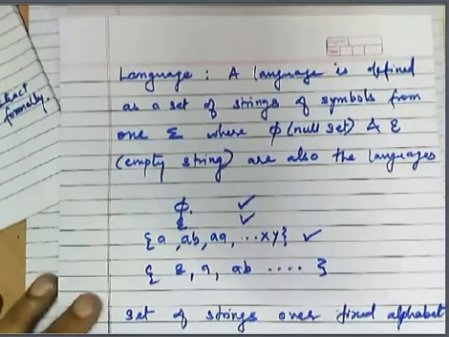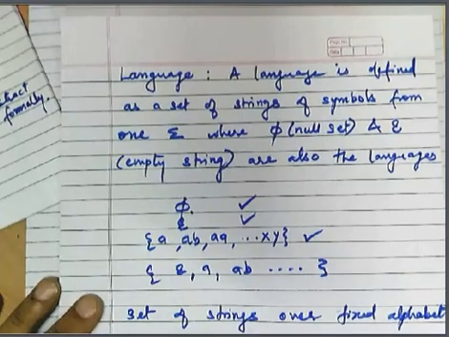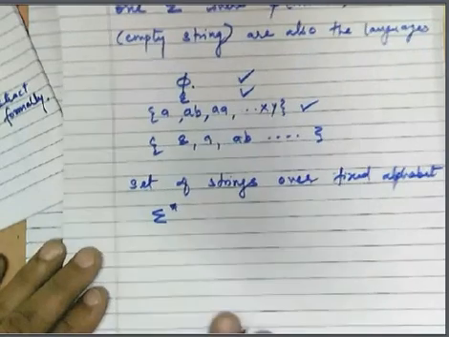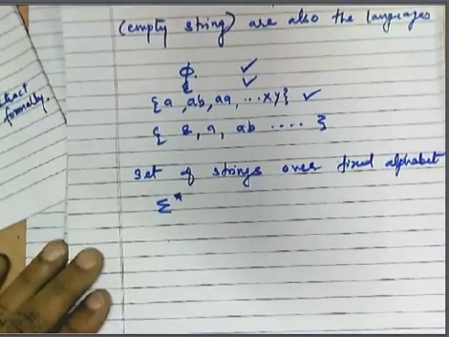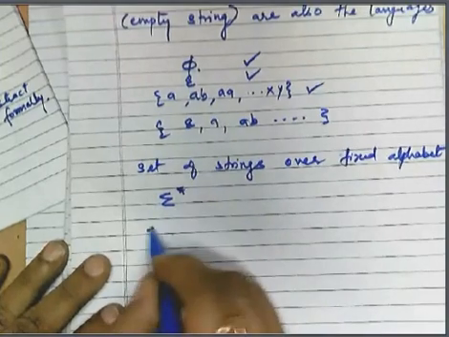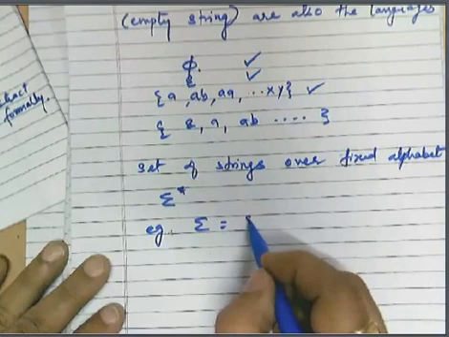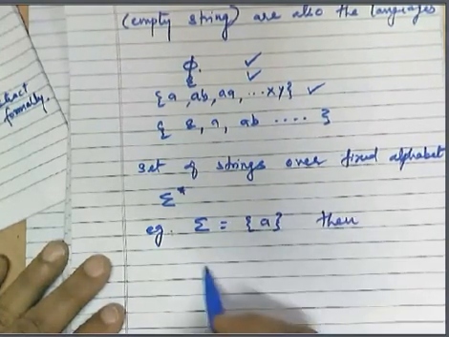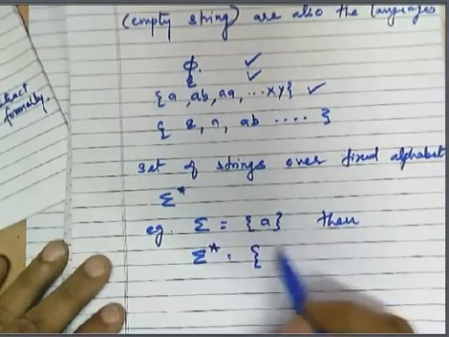It is denoted by summation star. If it is an infinite language, for example, if I have the alphabet as A, then its closure, which I think you must have learned, will be what?